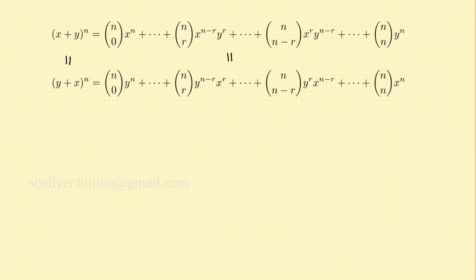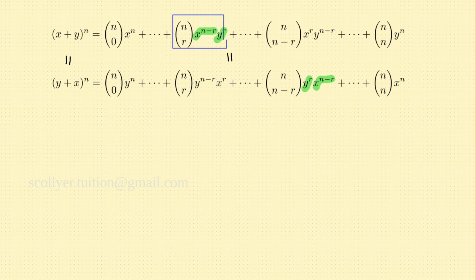Now let's look at the terms containing x to the n minus r, y to the r in both the top equation and the bottom equation. Those two terms must be equal for all values of x and y.